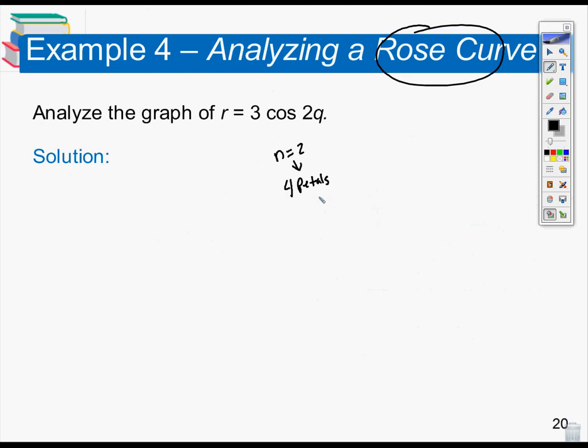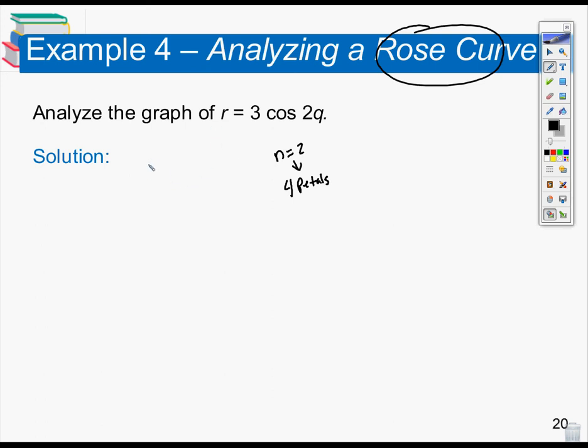So I could go through and check for symmetry in every different direction, but I know that's going to be true, and we can just move on from that point and analyze it from there.